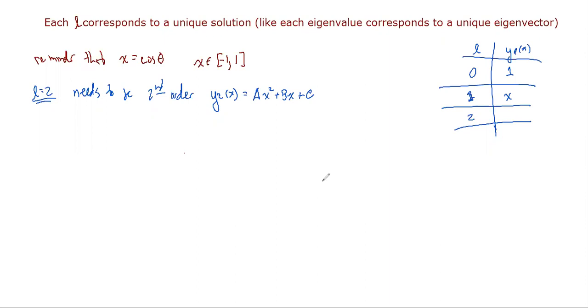And then I'll see that I worked a little too hard, and I could have thrown away some of these terms right at the outset. Okay, so we need a second order solution, and we need it to be orthogonal to both y0 of x and y1 of x.